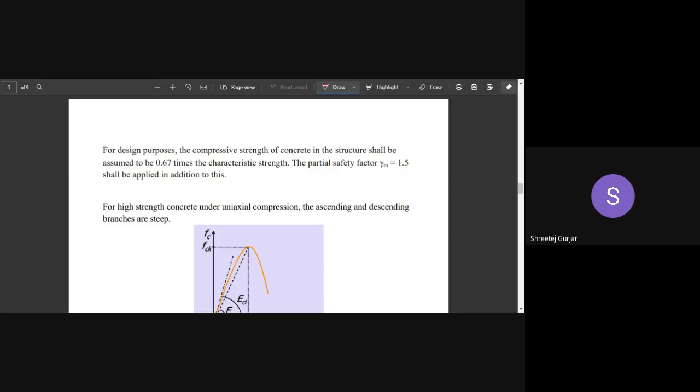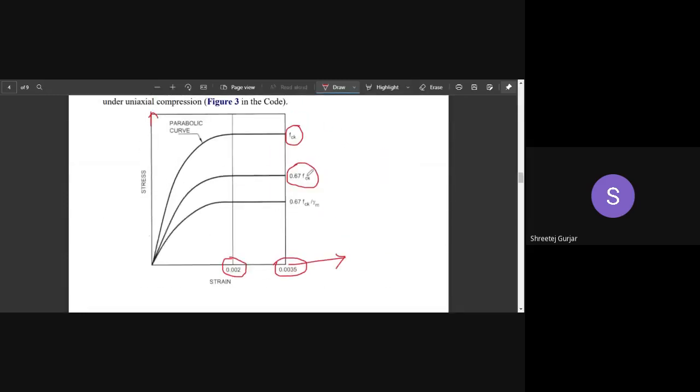Then we again apply a partial safety factor of 1.5. We have to adopt a partial safety factor of 1.5, and we divide this 0.67 FCK by our partial safety factor. We divide this entire curve by the partial safety factor.